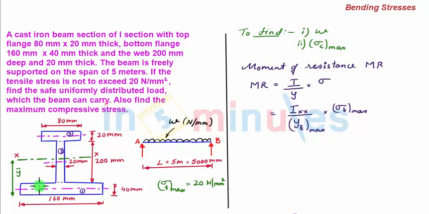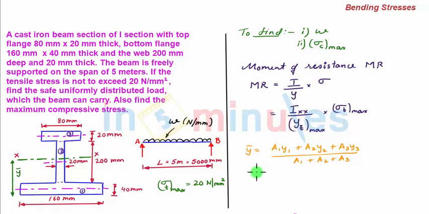For the sake of convenience, I am not representing y1, y2 and y3, but it is understood. So y bar is given as a1 y1 plus a2 y2 plus a3 y3 upon a1 plus a2 plus a3, where y1, y2 and y3 are the distances of the centroidal axis of each of parts 1, 2 and 3 from the common reference bottom section.